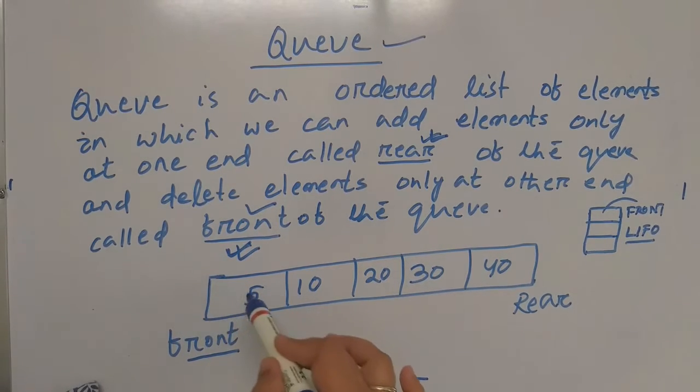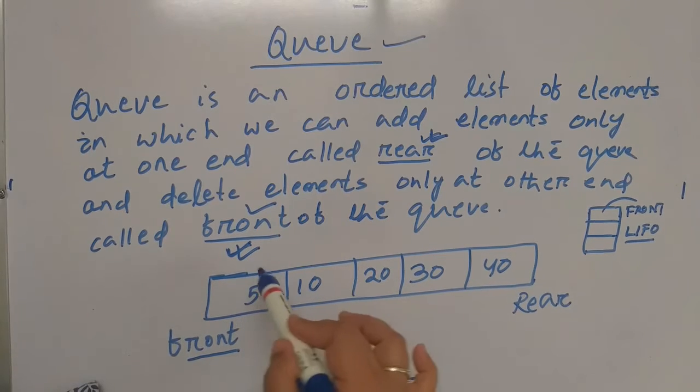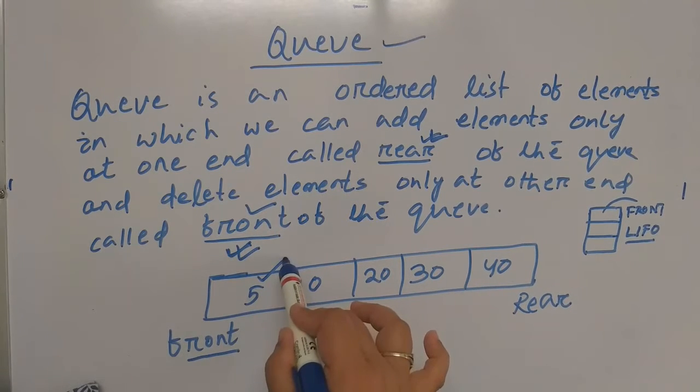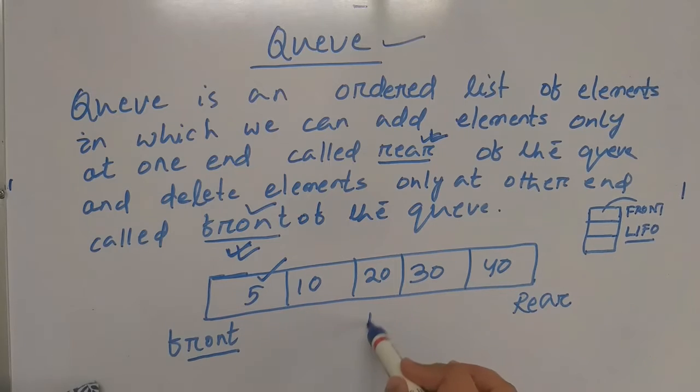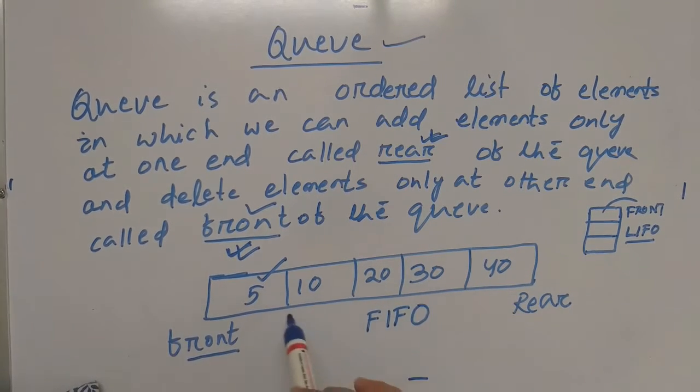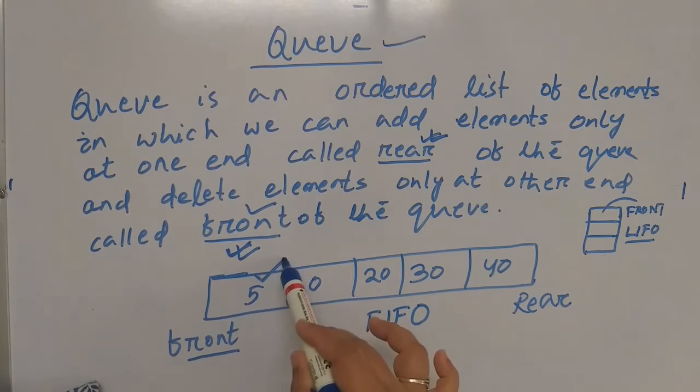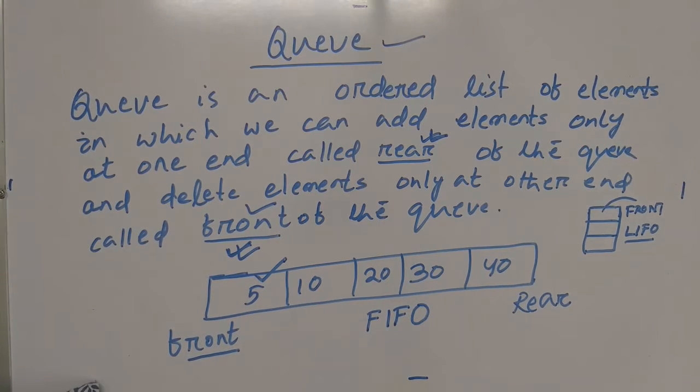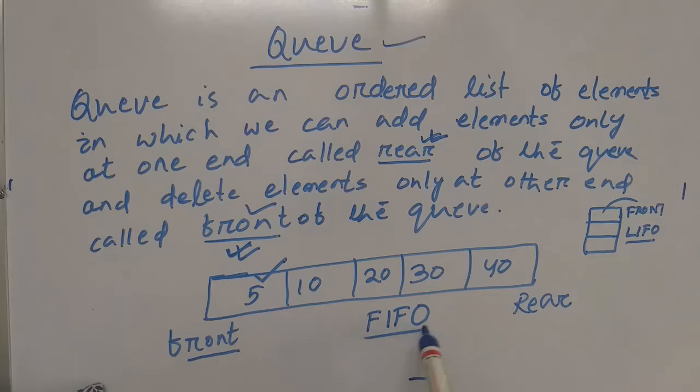So whenever we delete from the front end, this element is deleted. So this is first in, first out. Whichever element entered first, we delete that element first. So here we follow first in, first out order.